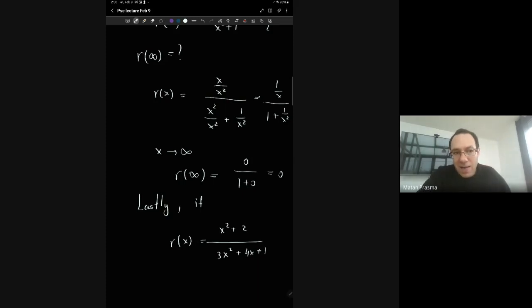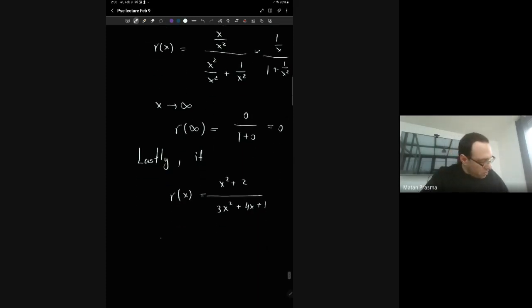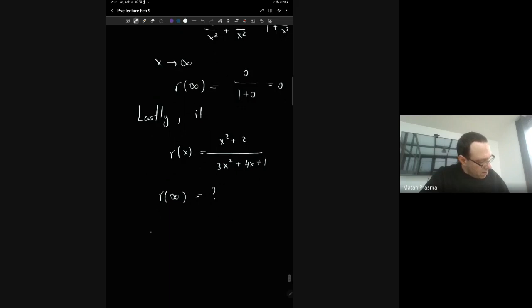Again, I do the same trick. I want to evaluate R at infinity, so I do this L'Hopital trick: I divide by the highest monomial, x squared.